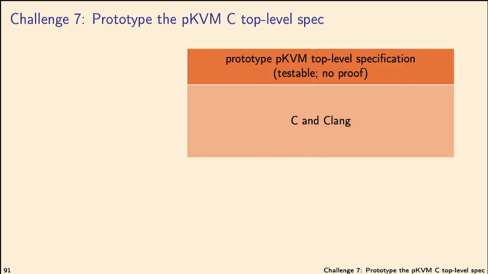So we prototype the top-level specification of PKVM in executable C code that runs at EL2 and everything, all integrated with the concurrency model of the hypervisor. So Ben and Thibaut and David Caliper-Mershignac and I and Kaven Mumerian have been working on that recently.